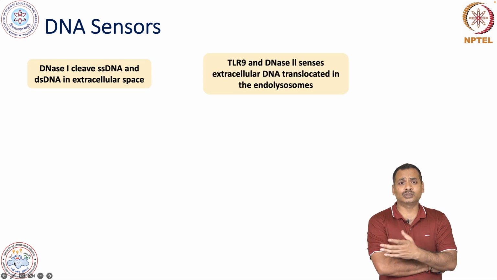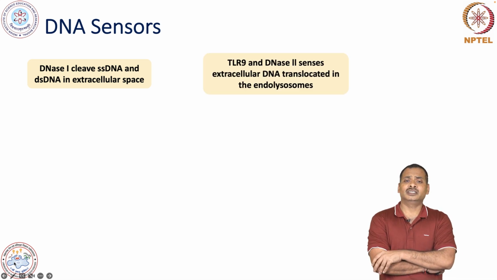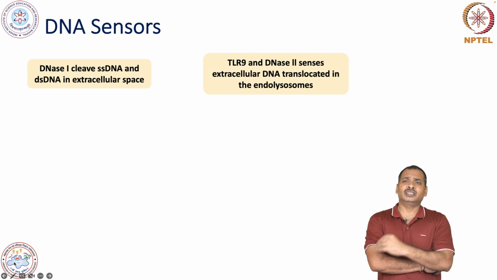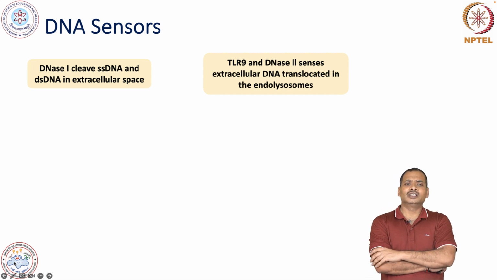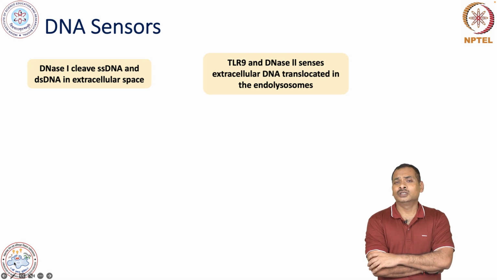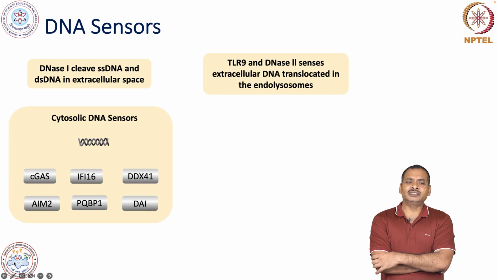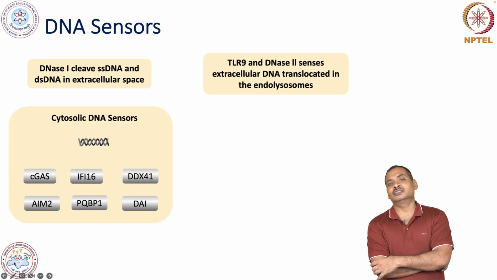It can also be cleaved by DNase 2 in the extracellular space, and if the DNA is translocated into the endolysosome, you know very well this will be sensed by TLR9.